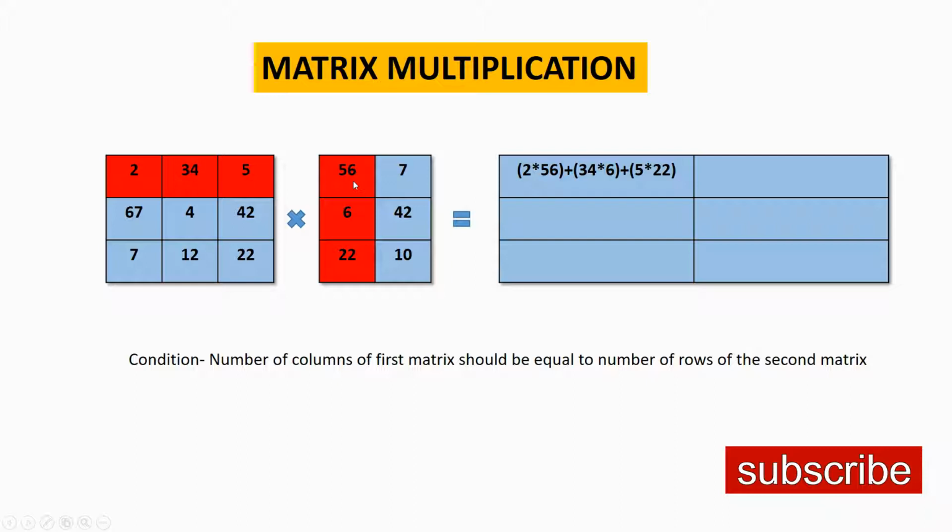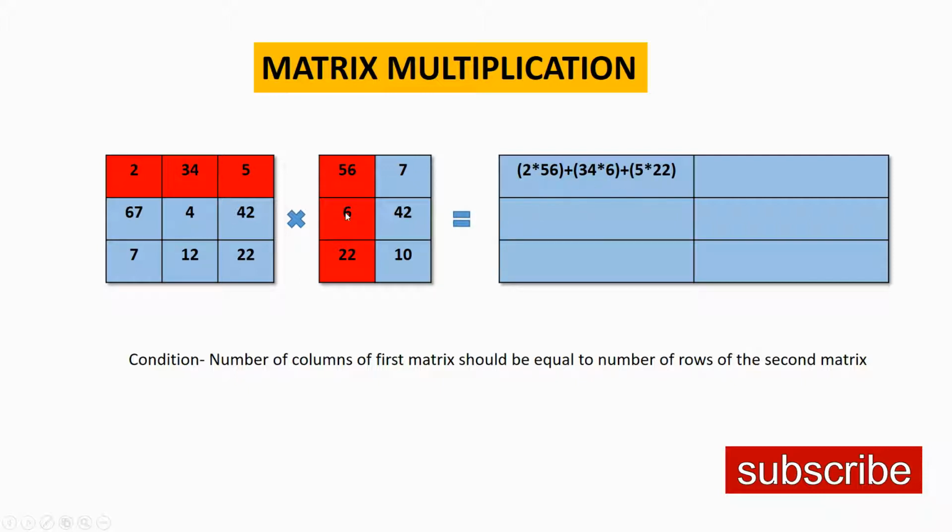So the operation that we're going to perform is 2 into 56, and then we're going to add that with another product, that is 34. We will move to the next column of the first matrix and the next row of the second matrix. So 34 into 6, and again we will add that with 5 into 22, as you can see over here, and this operation we are going to store in the third matrix in first row first column.